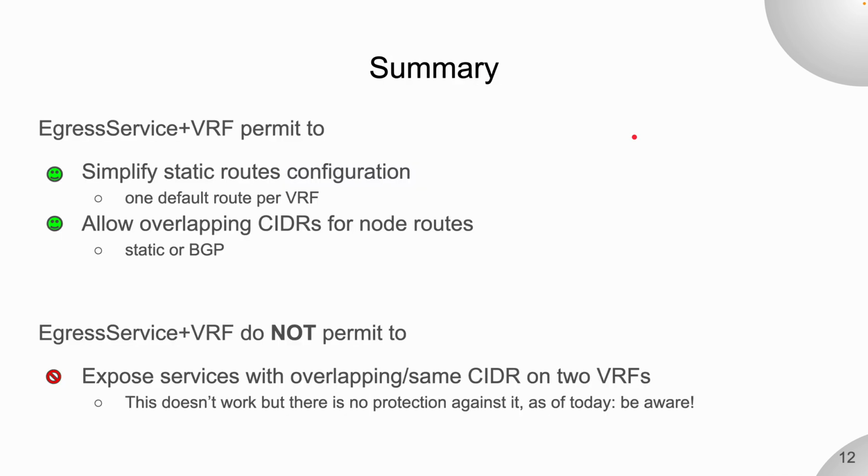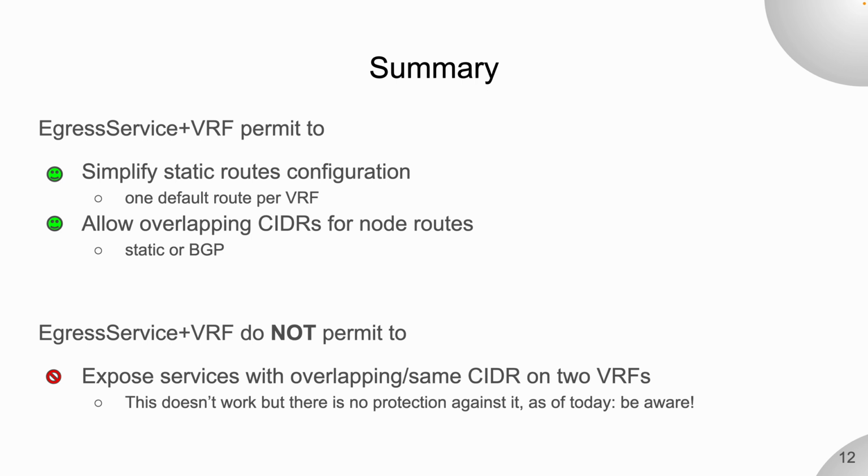To summarize, EgressService+VRF permit to simplify static routes configuration by having one default route per VRF per VLAN. It allows overlapping CIDR for node routes. The routes can be static or BGP. Both work, and you can have a mix of static and BGP.